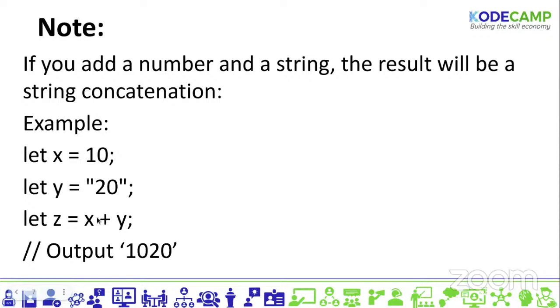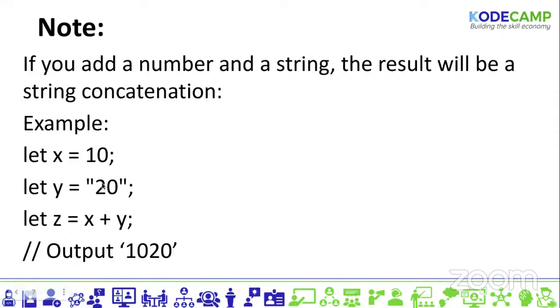So instead of having 30 as what is expected, you have 1020. The reason that is happening is because 20 itself is a string, not an integer, while 10 here, which is x, is an integer.